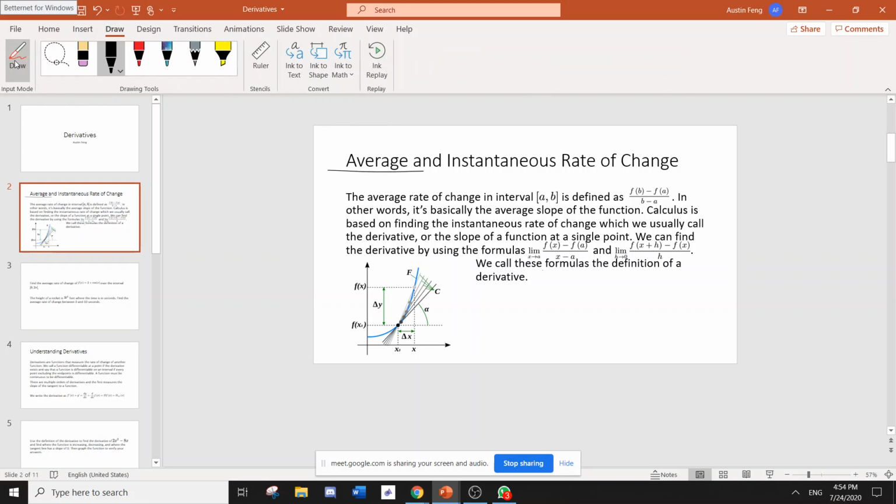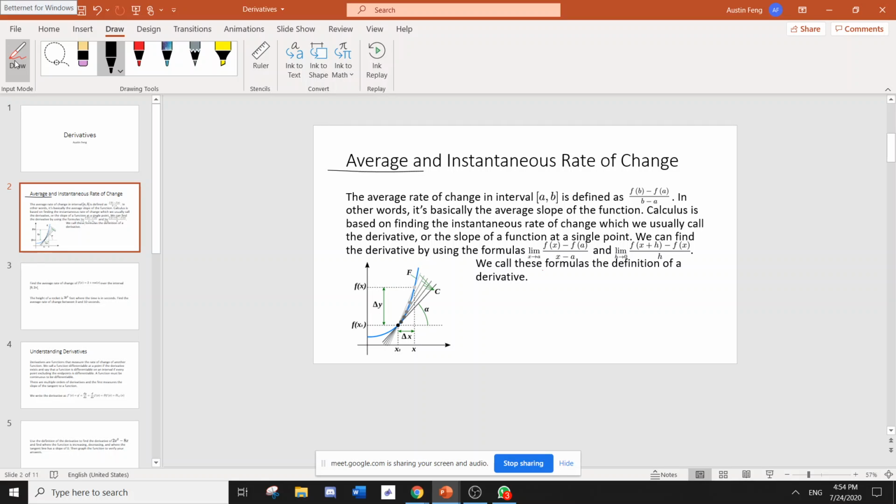The average rate of change on an interval is defined as f of b minus f of a over b minus a. That looks a lot like the slope formula. So basically, it's the slope between two points on a function, and it's the average slope of a function.